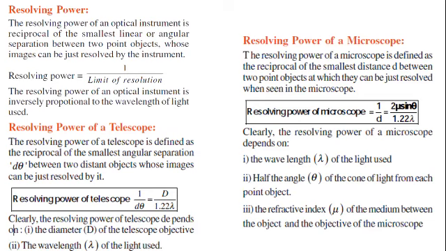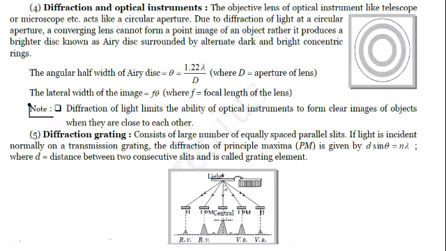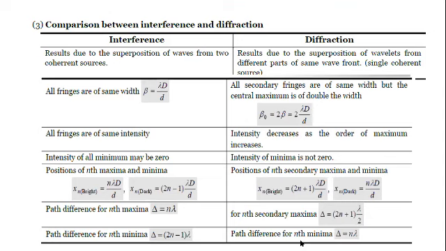The intensity is not the same for all the maxima, and the intensity is not the same for all the minima. The condition for obtaining minima is d sin theta equal to n lambda, and for maxima it is (2n+1) lambda by 2. These all are the topics we discussed.